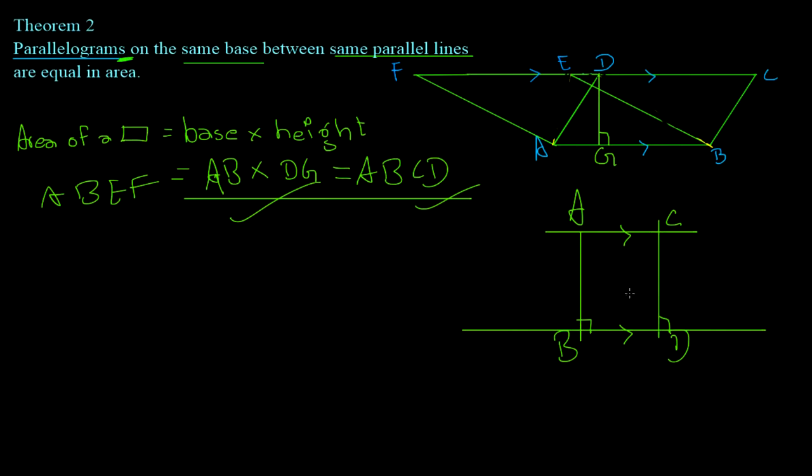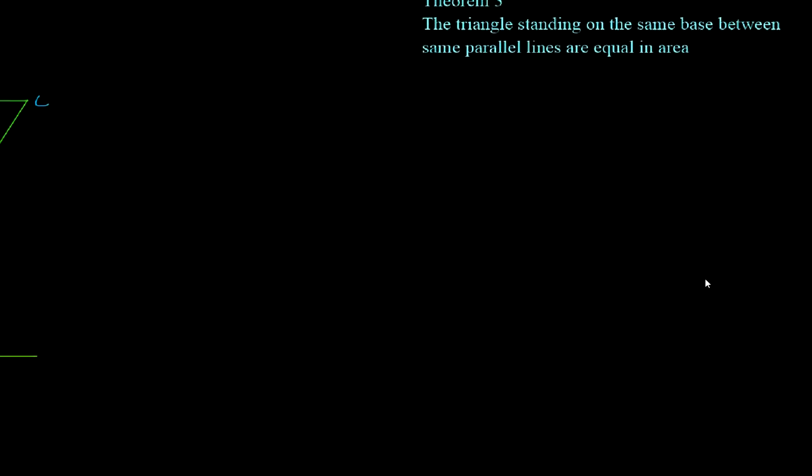So however many perpendicular lines you draw here, they will all be equal in length. And since we have parallelograms between same parallel lines, the height will be equal. Okay, I hope you are clear, and hopefully you can present it in the format I told you to.